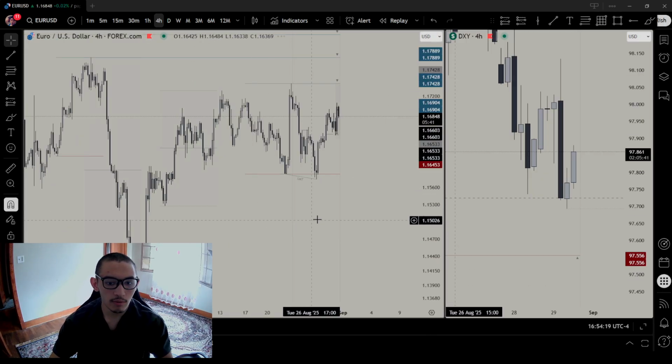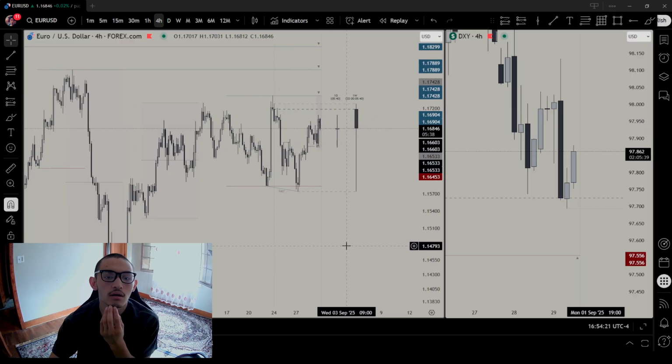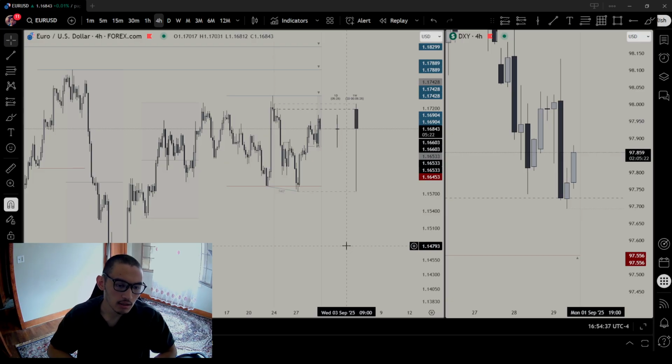Now on EU, what pair do you trade? For CRT, mostly EU? Yeah, I trade EU, GBP, USD, DXY, and gold. You gotta trade one pair alone, because you want to gain the experience.